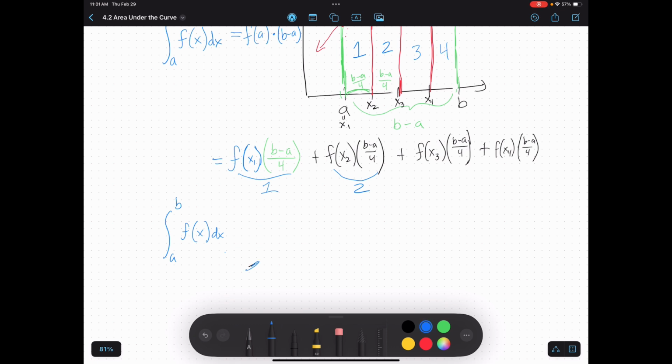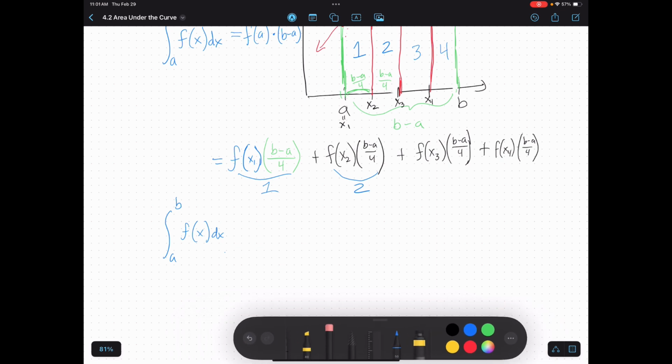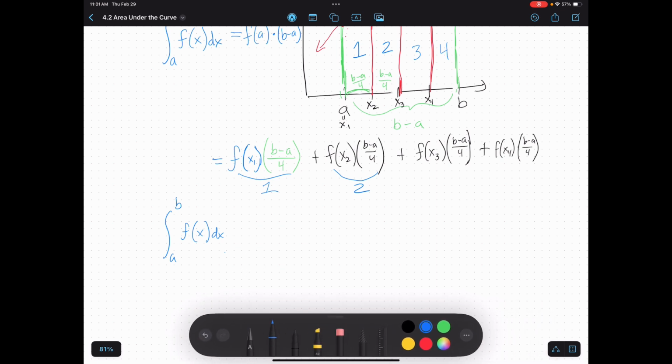So, to summarize what we're talking about, pun not intended, the area under the curve for a function can be approximated by making a whole bunch of rectangles and adding the areas of those rectangles together. So, to show that I'm adding, I use this summation notation. It's called sigma notation because that's the capital letter sigma, which is Greek.